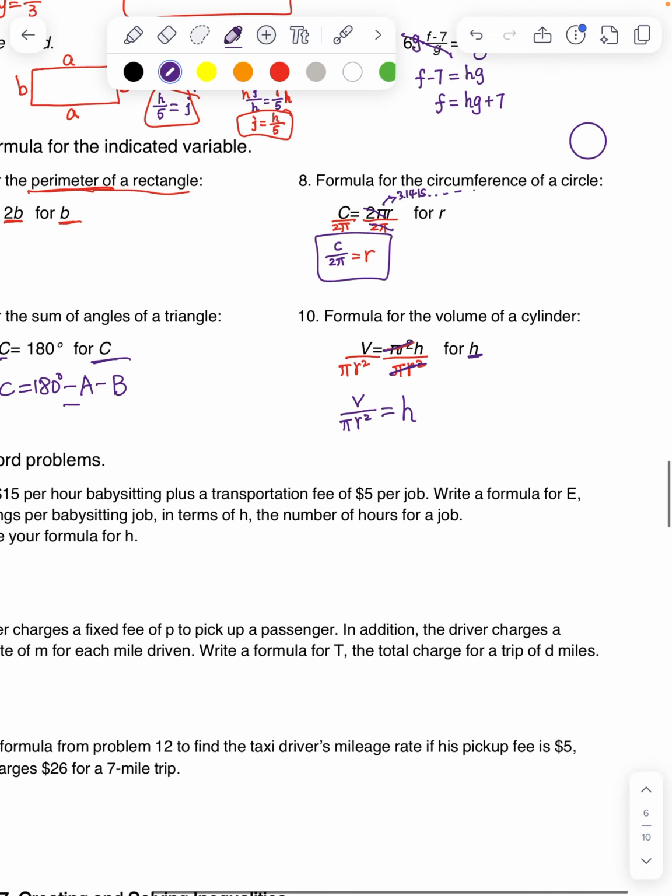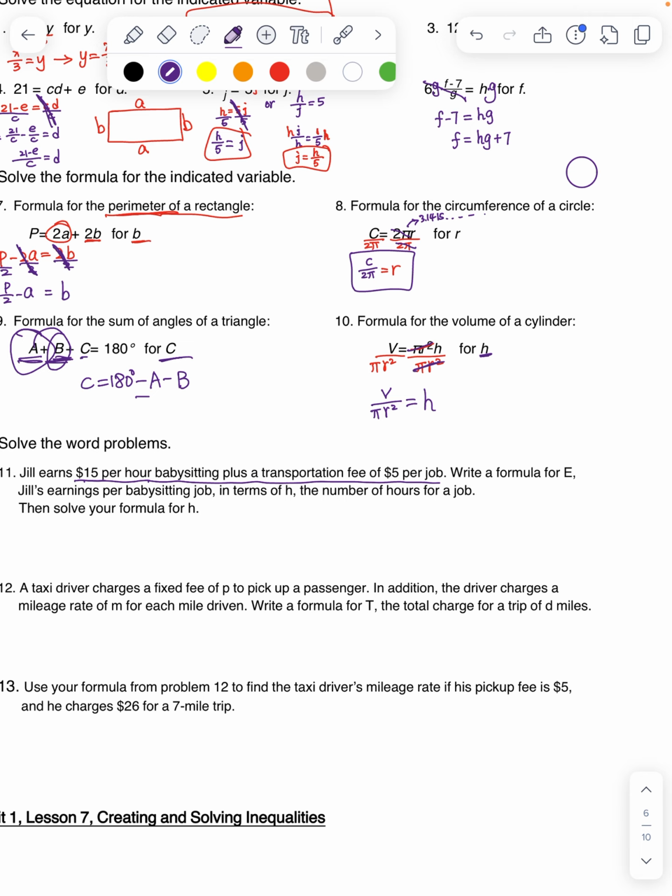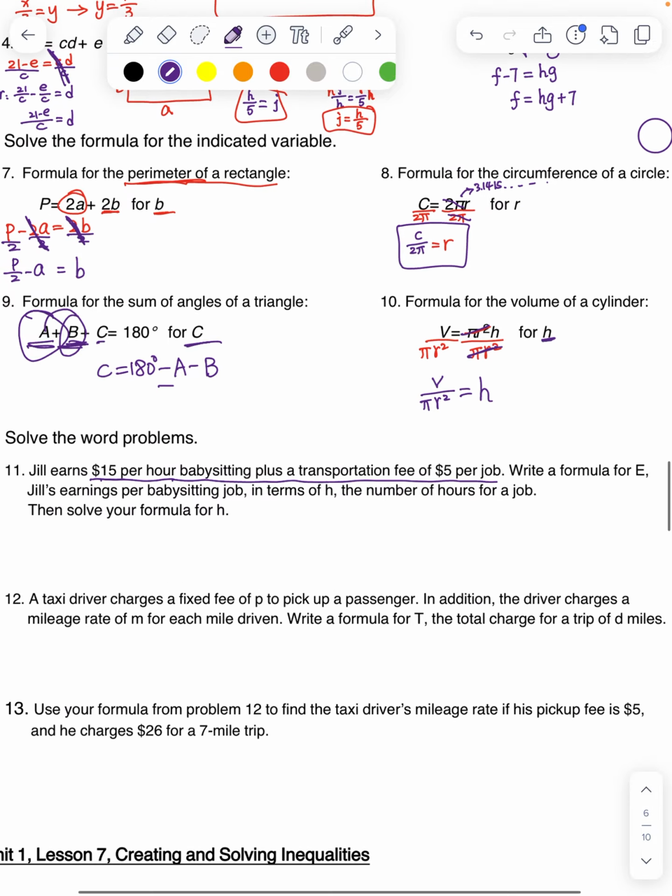Okay, word problem. She earns $15 per hour babysitting plus transportation for $5. Write a formula for E, the earning for per babysitting job in terms of H. H means hour, right? The number of hours for a job, and solve the formula for H. So the total earning equals $15 per hour.